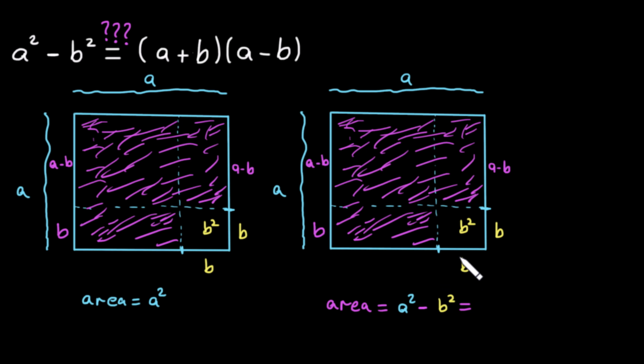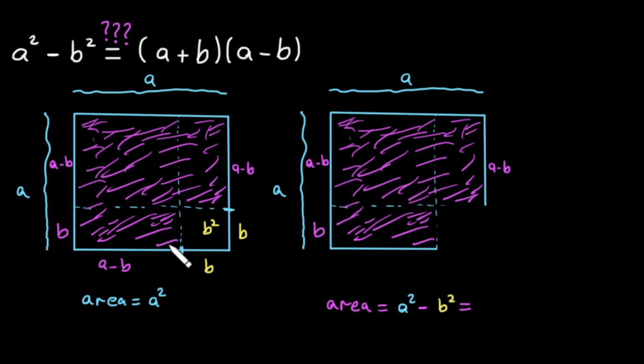How do I get it? First, let's take out this one, so I cut it because I want to delete it. Now I'm interested in the area of this one. What is the length of this side? It is a minus b, because the whole thing is a, minus this length.